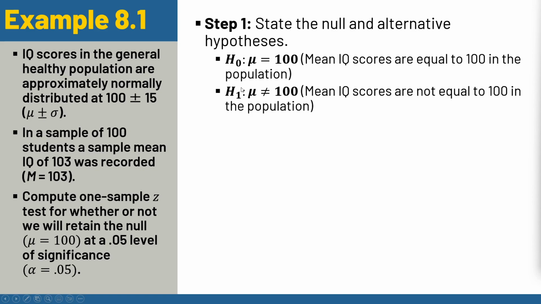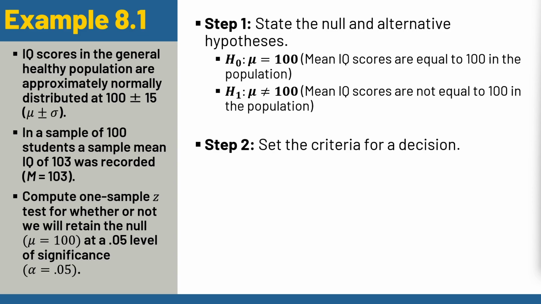And the alternative hypothesis then is simply that mu is not equal to 100, or mean IQ scores are not equal to 100 in the population. And again, in this example, we know that our sample mean is higher than the population mean, but for the sake of this example, we're considering this a two-tailed test, right? Just looking at our value and seeing if it's different.